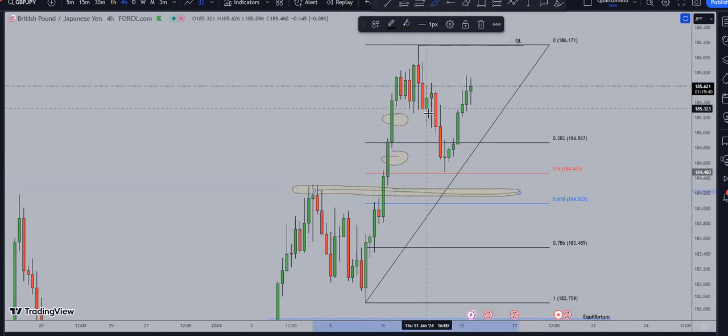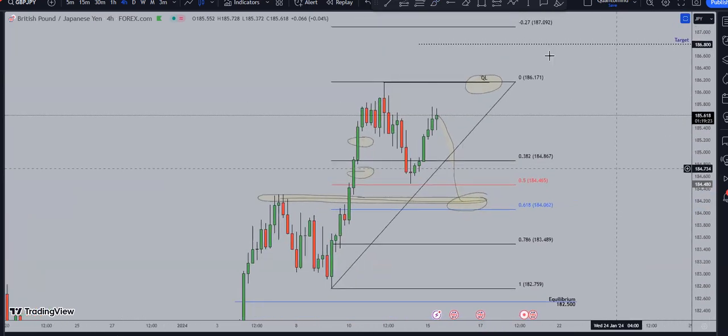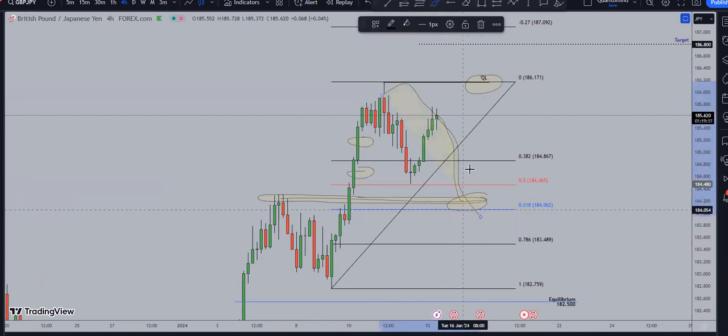So I can either wait for the market to come to my Q level or wait for the market to come back here and see what it wants to do from this point on. Because if that's the case, it's going to create some sort of downtrend to break and then continue to the upside to our target.